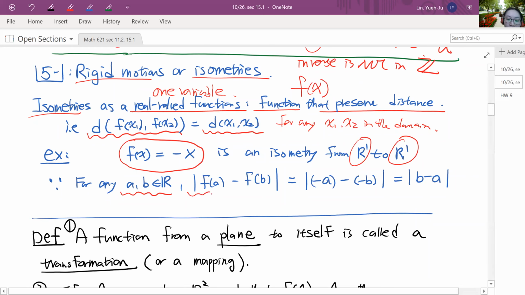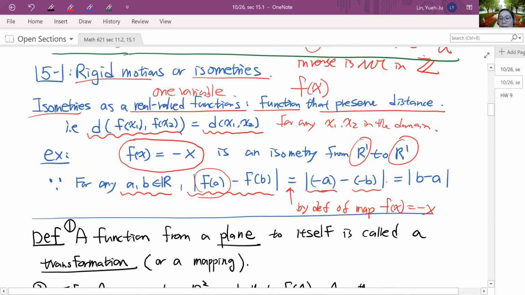So if you look at the absolute value between f of a and f of b, by definition of the map, we know f of x is minus x. So f of a is just minus a, and f of b is minus b.